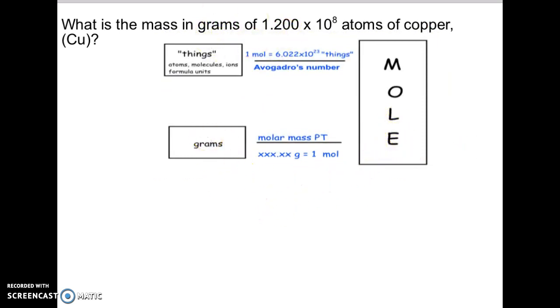Do you notice that there is no way that you can go just between grams and atoms? The only way you can go is start with atoms, you're going to have to go to moles, and then you're going to have to go to grams. Okay, so hit pause and let's see how you set this up, and then you can check my work at the end.